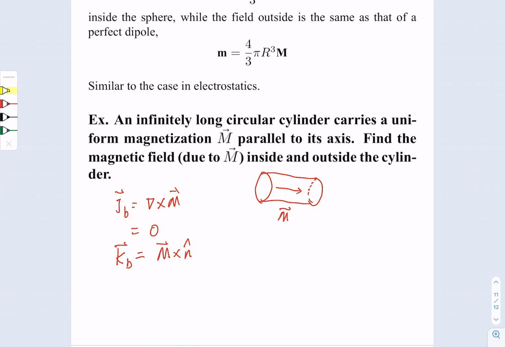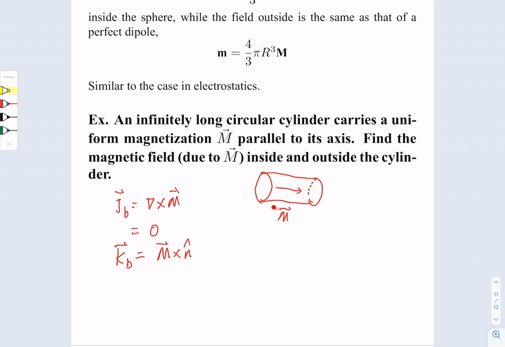But if you insist on cutting the cylinder, if you take a long enough cylinder, then M cross N should still be exactly 0, because N is parallel or anti-parallel to the direction of the polarization vector M. So at the two ends there is no contribution.